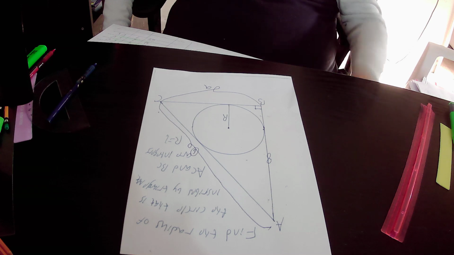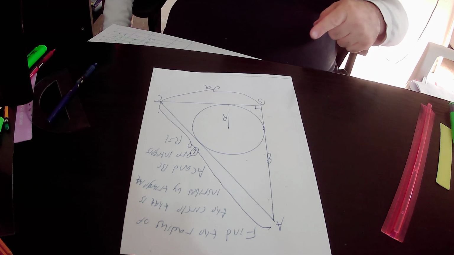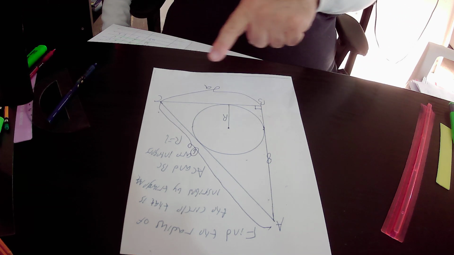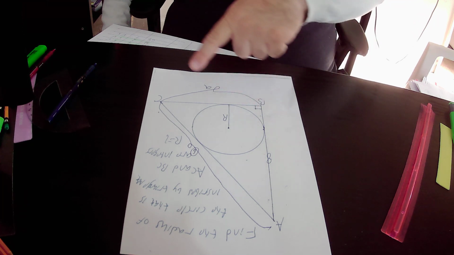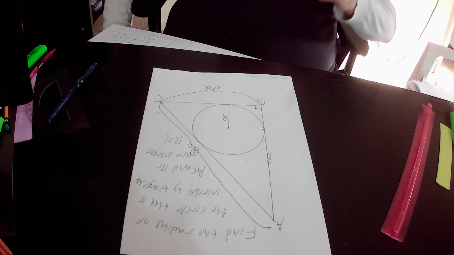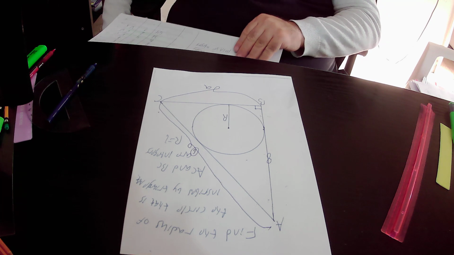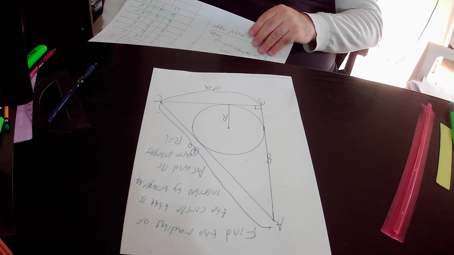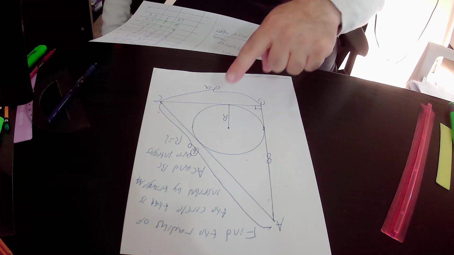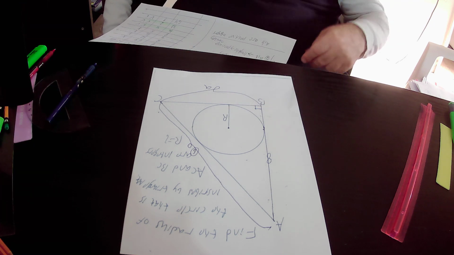It is also given in the question that the length of side BC and the length of the hypotenuse AC are both integers.